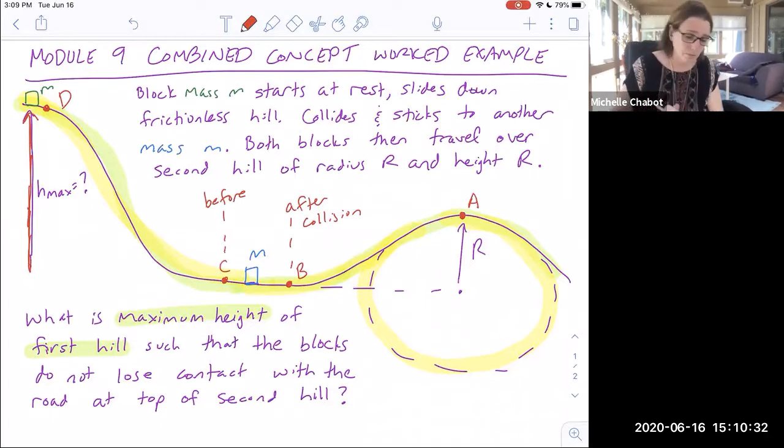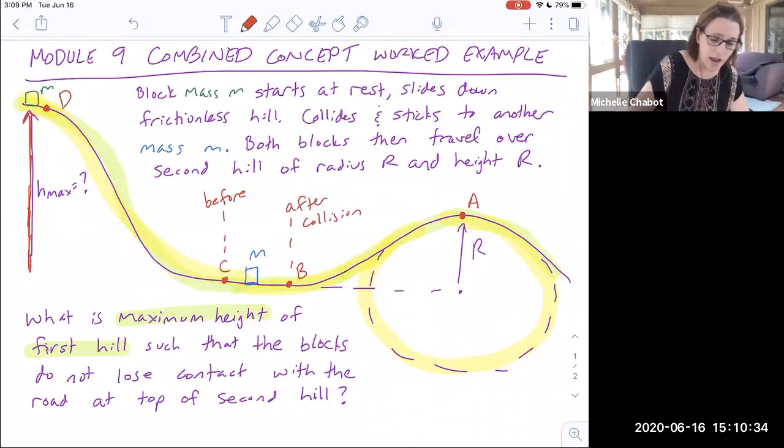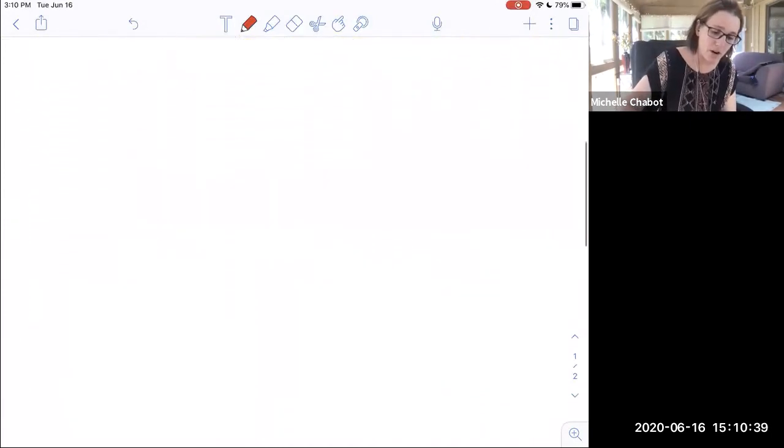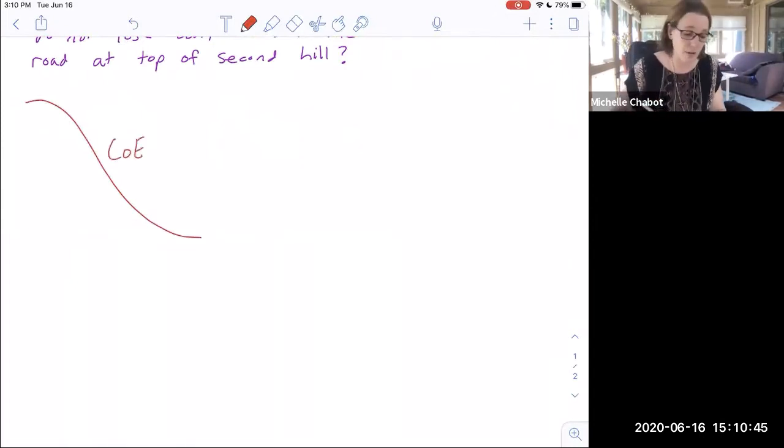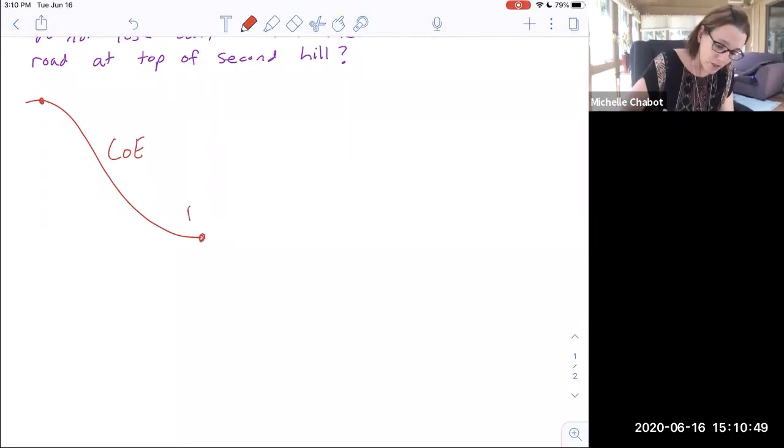Now we want to think about a plan. My end goal here is to get H max. This first portion coming down is going to be a conservation of energy step, from the point on the top of the hill to right before the collision.